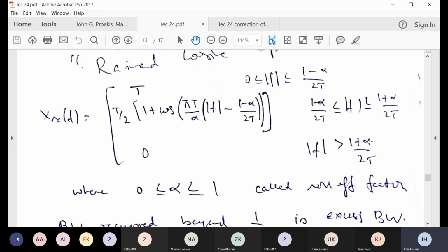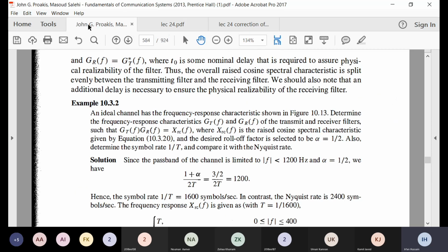For alpha equal to half, because the bandwidth is 1200, I will put 1 plus alpha over 2t equal to 1200, the boundary, with alpha equal to half, so 3 over 2 times 1 over 2t. Once you solve this, it becomes 4 into 4 divided by 3, so 4 into 3 divided by 3, and this becomes 4 into 4, which is 1600. So 1 over t from this equation comes out to be 1600 symbols per second.